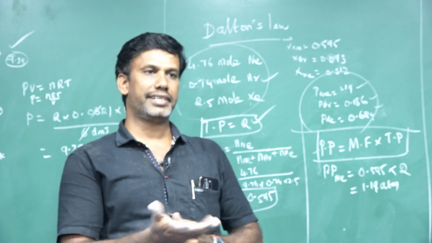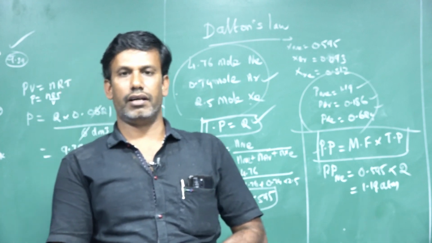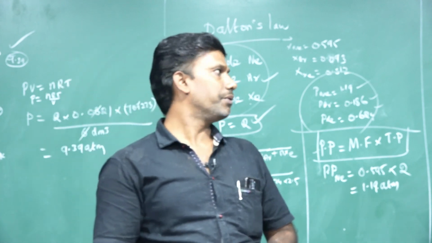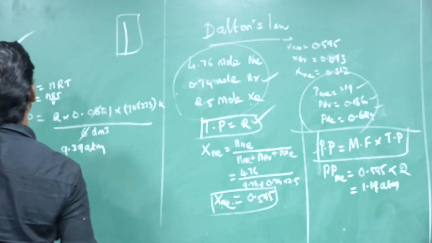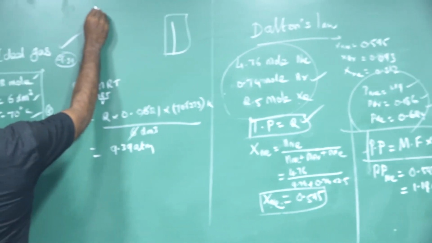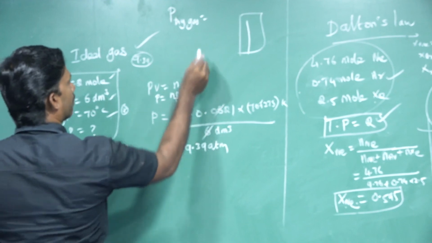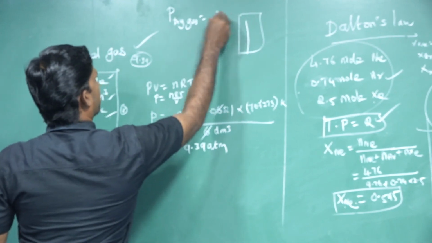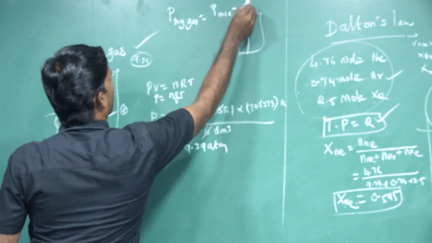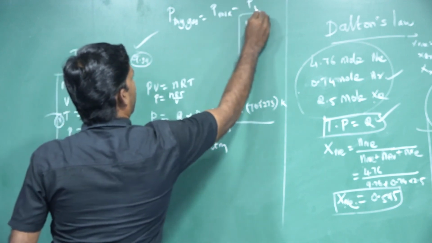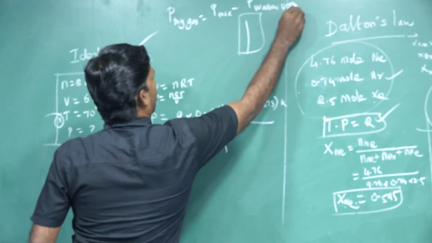One more thing, the application of Dalton's law is the pressure of gases collected over water. If your gas is mixed with water vapor, the pressure of the dry gas is equal to the pressure of the mixture minus the pressure of the water vapor.